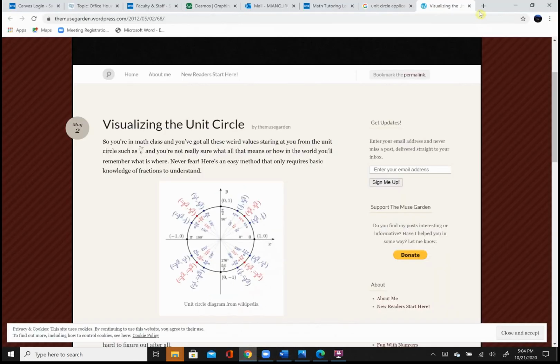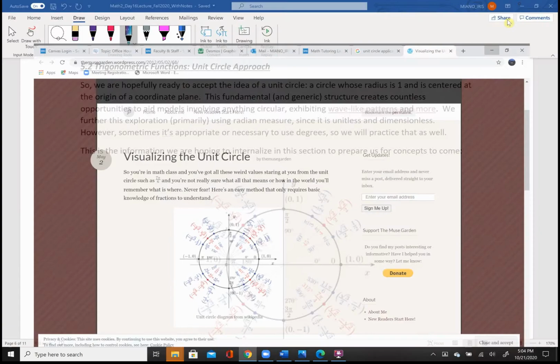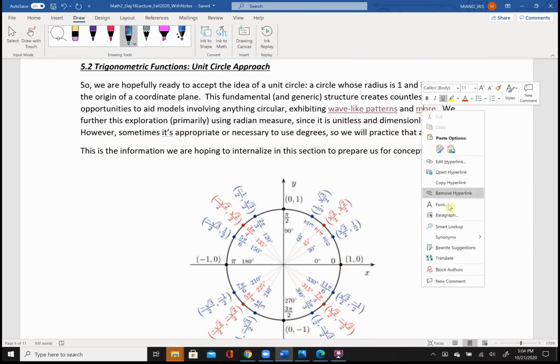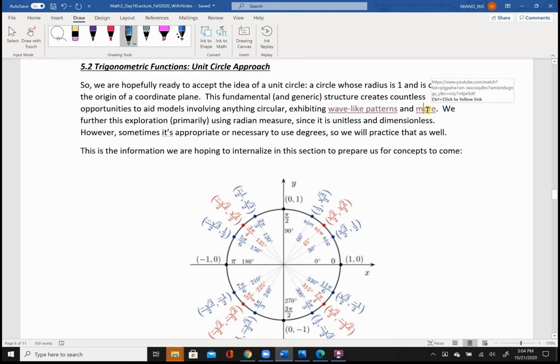It is opening it? No. Now you guys are seeing where I got this from. Open hyperlink. I don't know. It's not going to show this. And control and click.